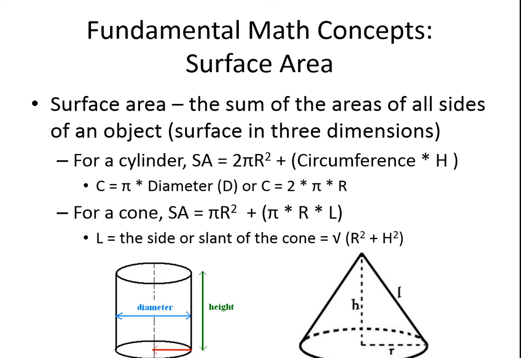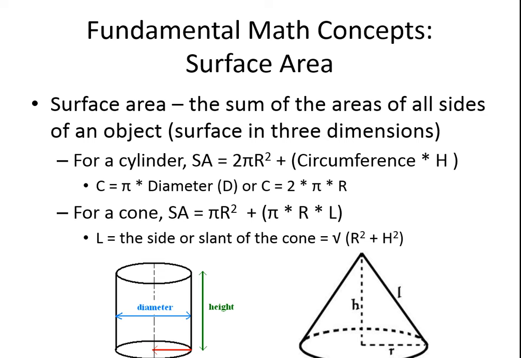For a cone, the surface area is equal to the area of the circle plus the area of the cone itself, so the outside part, which we call the side or the slant of the cone. And that one's a little bit tricky to figure out because it's a slightly irregular shape.